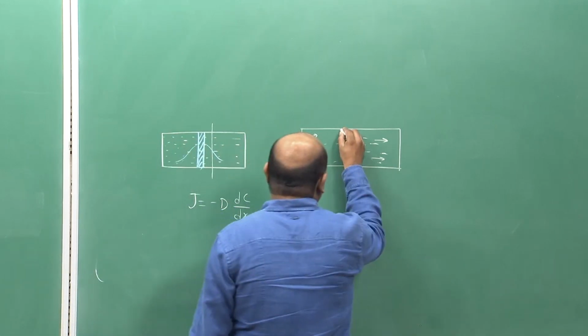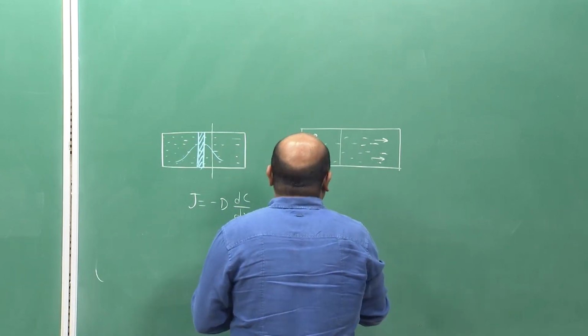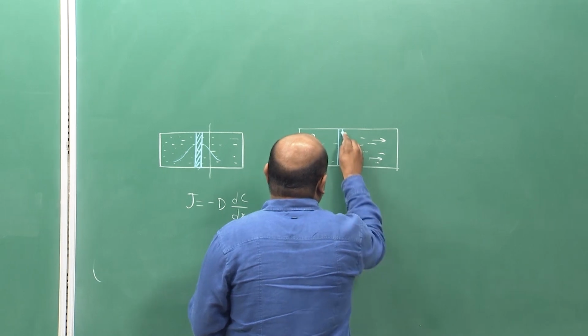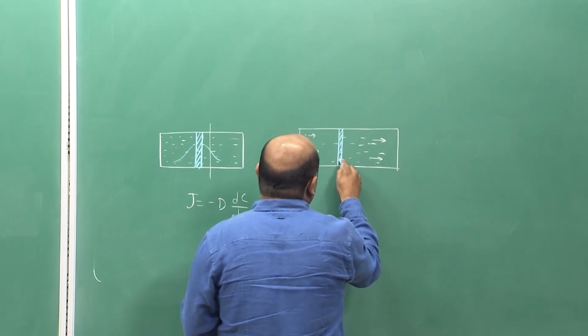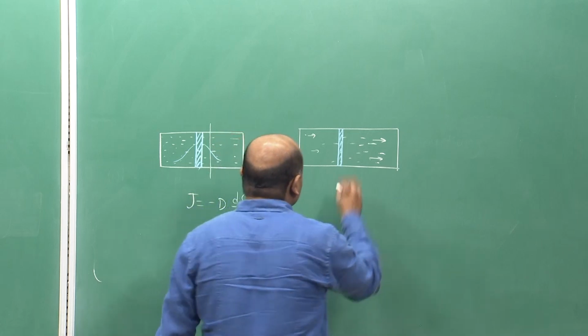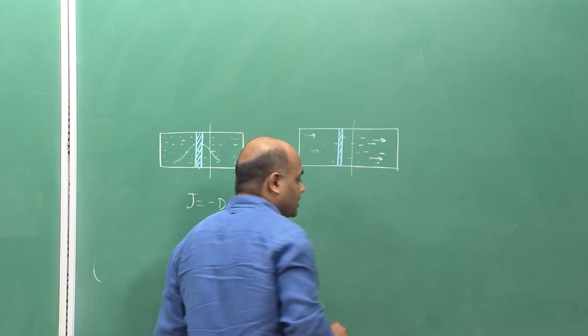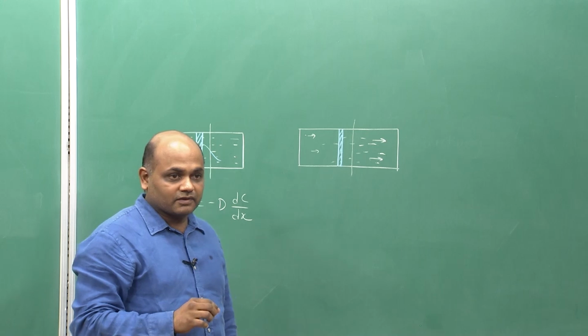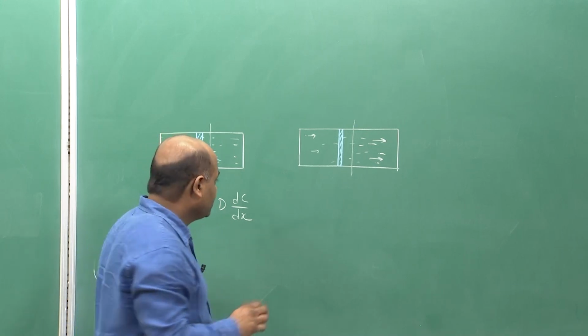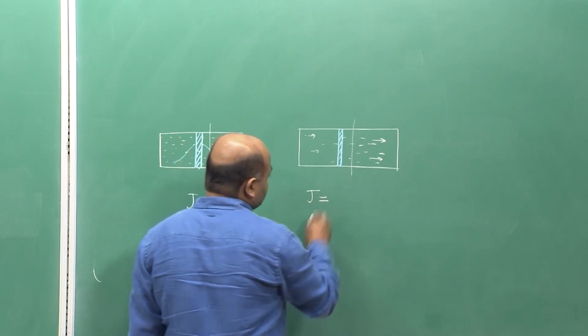Now, I introduce this plane of ink here, and if I measure the flux at any point, at any plane, what should be the net flux here?